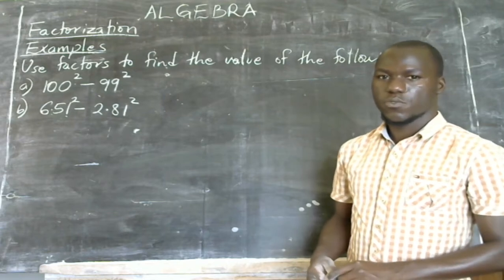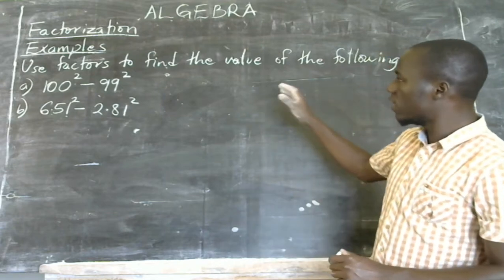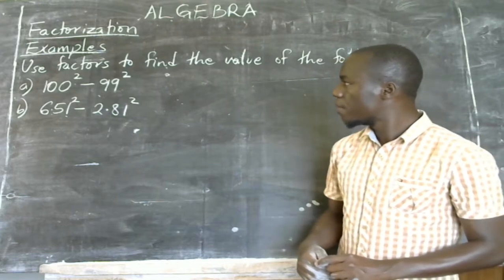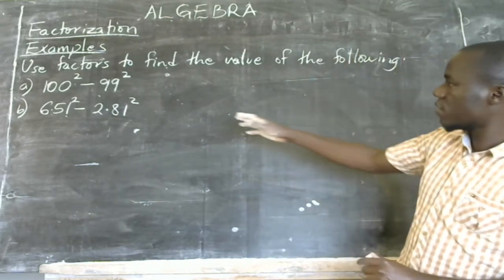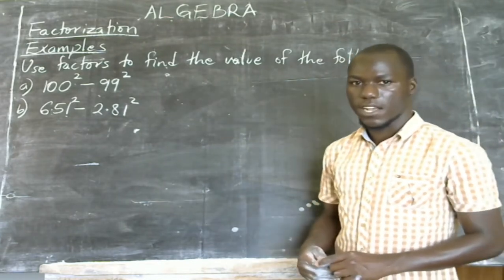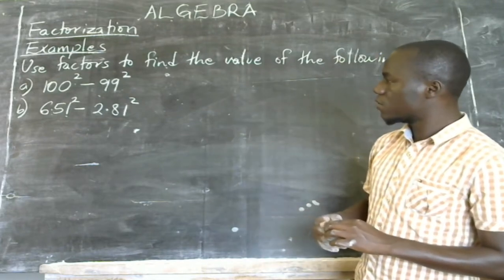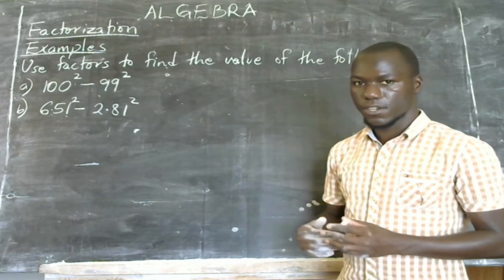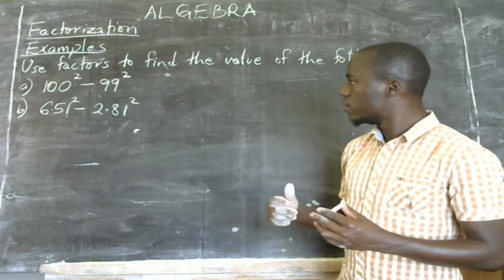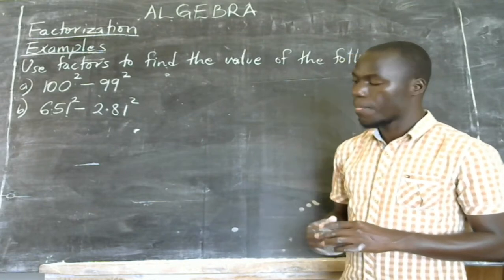So another part where we can apply our difference of 2 squares is to find the value of figures there. You need to show that concept of the factorization of difference of 2 squares.